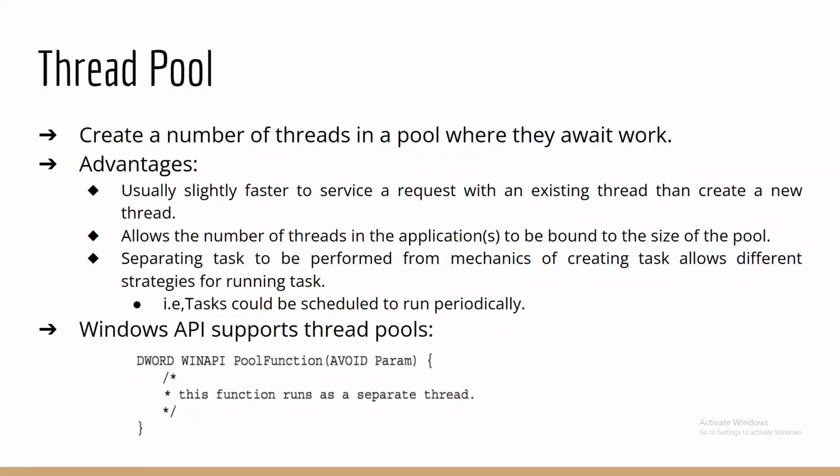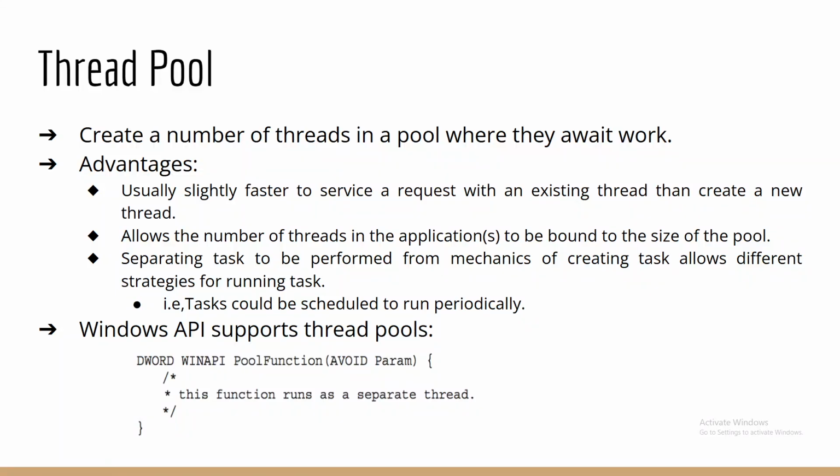It also separates the task from its execution. This allows for more flexible scheduling strategies. For example, you could schedule a task to run periodically or after a certain time delay, and the thread pool will handle the execution when the time comes.